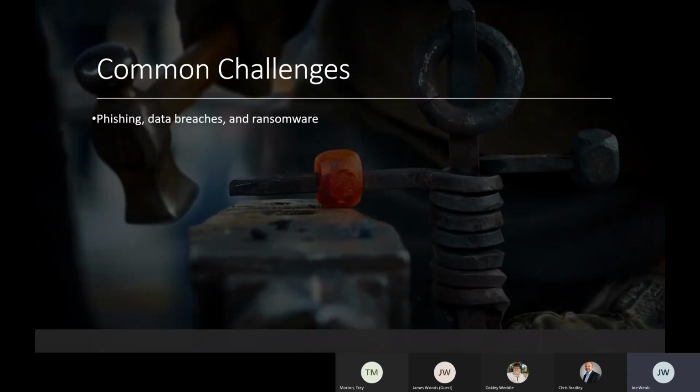So, when we talk about security, one of the first things that comes to mind is phishing, data breaches, and ransomware. I was doing some research the other day and stumbled across some statistics that I found interesting. According to Statista, in 2020, there were 1,001 data breaches in the US, which exposed a little over 155 million records.